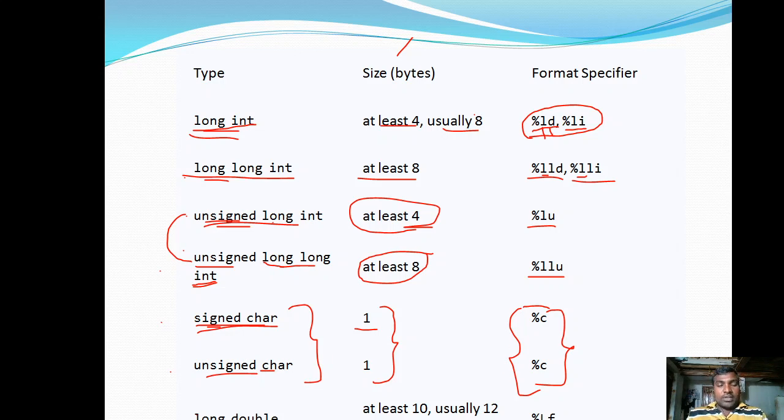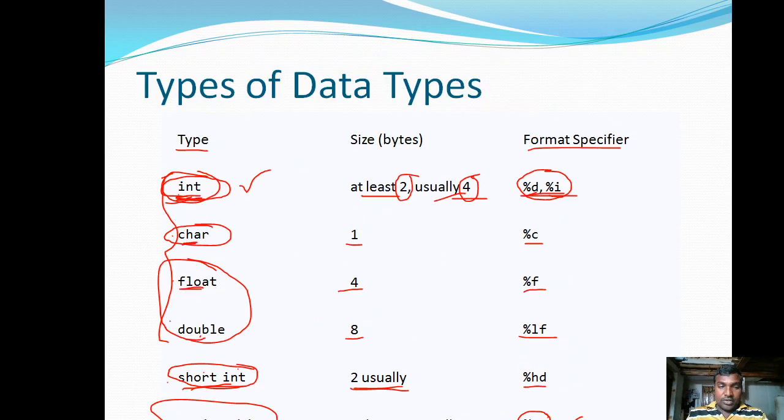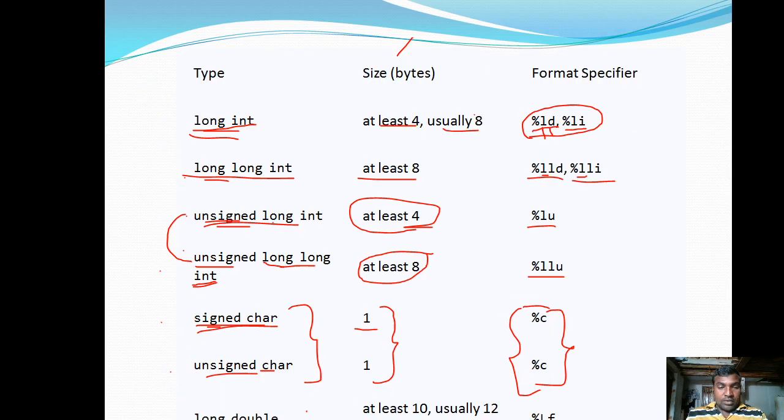And now coming to the long double. We already told you double requires 8 bytes of memory, and the format specifier is %lf. Now coming to the long double, the format specifier is capital L and small f, and it requires at least 10 bytes and usually 12 or 16 bytes.